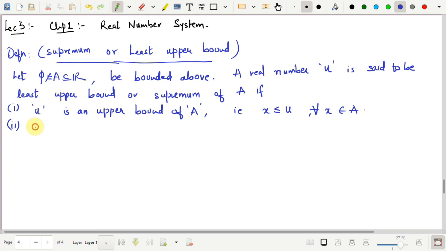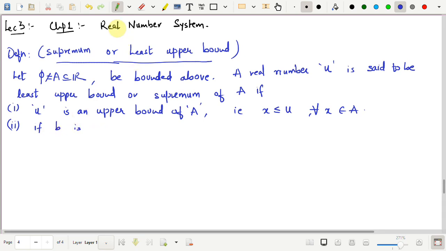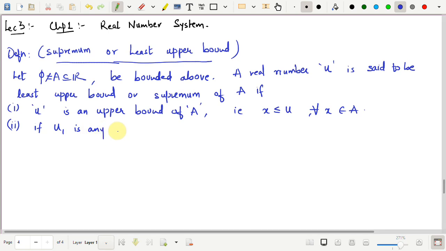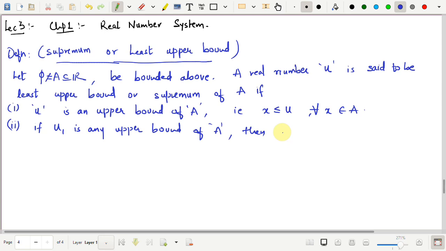That means if u1 is any upper bound of A, then u1 has to be greater than or equal to u, and only then can we say that u is the least among all.